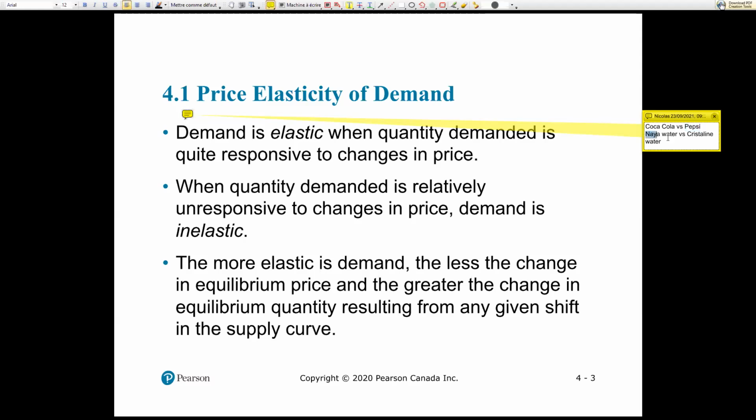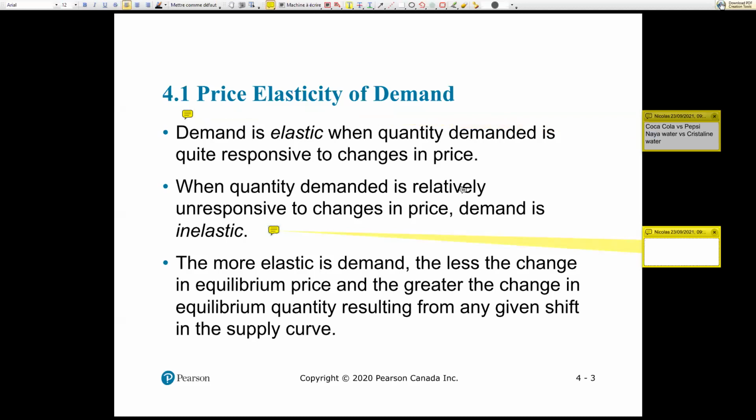Same thing with Naya water versus Crystalline water. It's the same product, and if one becomes much more expensive, then you don't have to stick with it. You can change it. So that's what we mean by elastic products.